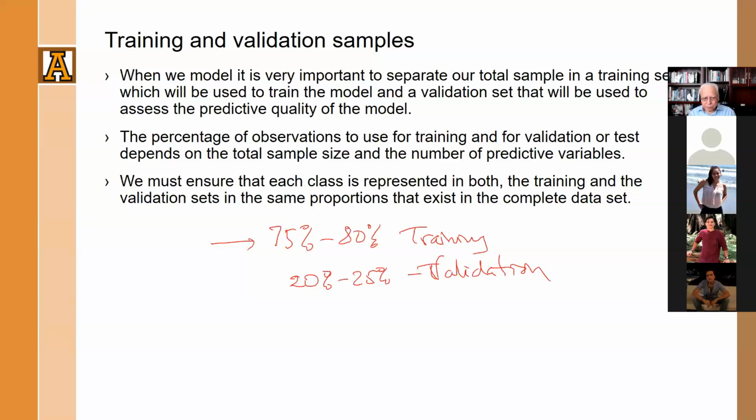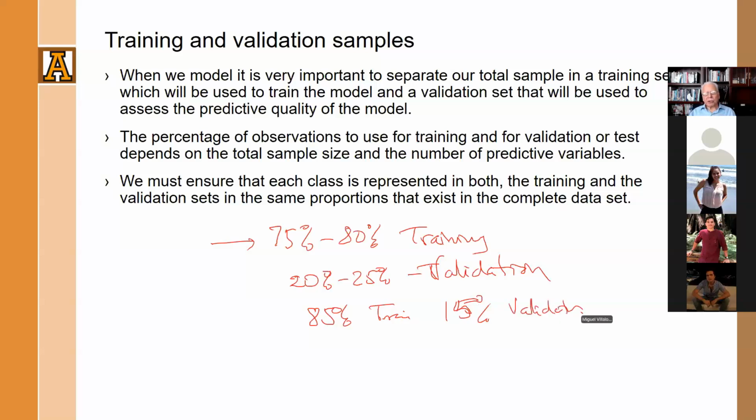Okay, now sometimes we cannot do this because we have a very small data set, but if we have enough data, we definitely can. There are cases, for example, in that project that I told you about with money laundering, where we had millions of transactions in a year, so we were able to use 85% for training and 15% for validation.